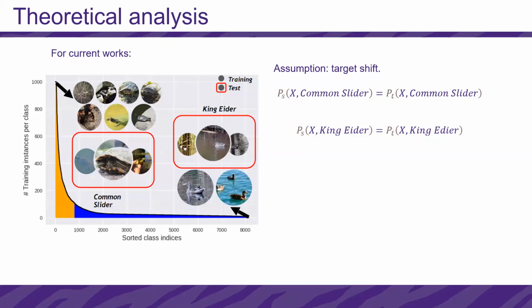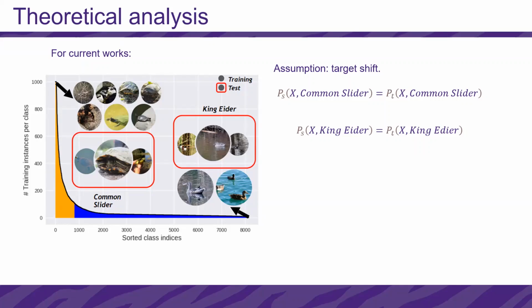For previous works, they provide the assumption about the target shift, that the distribution of data given the common class, the head classes, is equal on both domains.